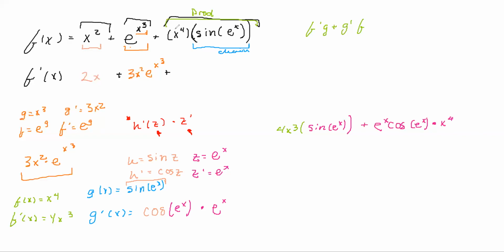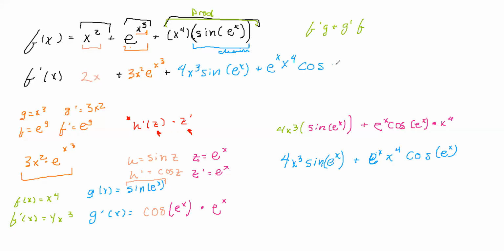So this is all going to simplify down into a very nasty looking function, which is going to be 4x cubed sine e to the x plus e to the x, x to the 4, cos e to the x. It's grody, but that is what the derivative of this shindig is. So we could just put it in this whole thing. And that is our answer.